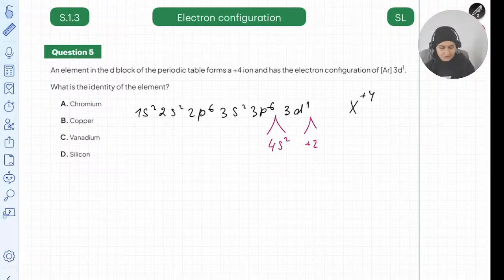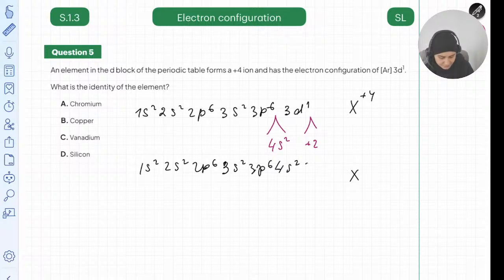So the configuration for X would be, well, I will rewrite it: 1s2, 2s2, 2p6, 3s2, 3p6, then 4s2, 3d3, right? And then let's check. If it's losing 4 electrons, what happens? We're losing these 2, and again 2 from 3d, so it becomes 3d1, so all good.